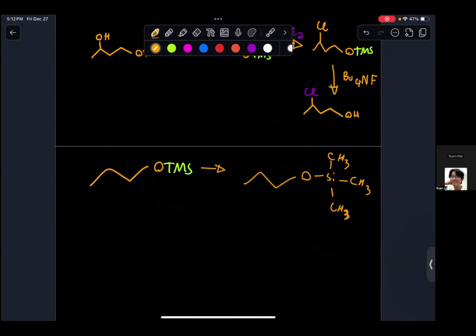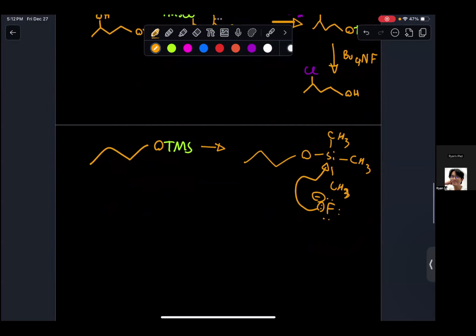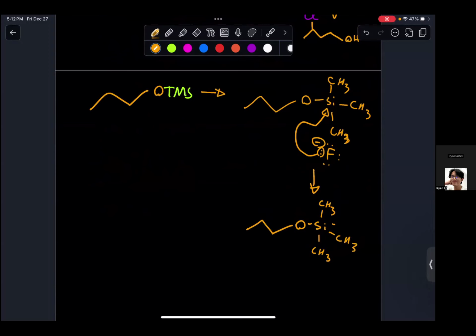The mechanism of deprotecting, which is this step right here, is that you are going to first take an F minus. F minus is going to go in, attack here. Then from there, you're going to end up with the step right here. Silicon's going to be negatively charged here.